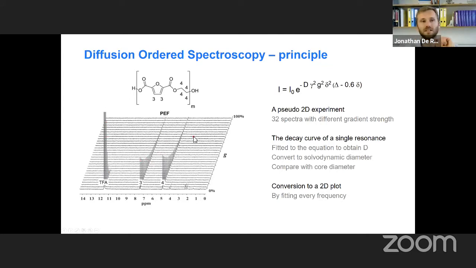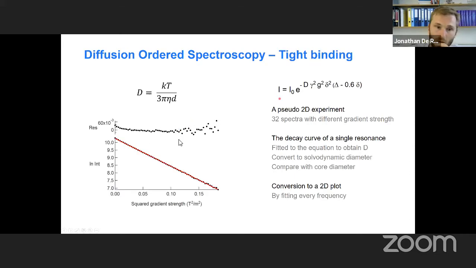That's because this small molecule changes position much more quickly. It diffuses much more quickly. And here is the equation that actually relates the intensity that you see after a certain gradient strength after a certain gradient length, etc. So if we now change this equation a little bit and plot the intensity, for example, of this resonance, we just take all these points and we put them in one plot where we plot the natural logarithm of the intensity versus the squared gradient strength.